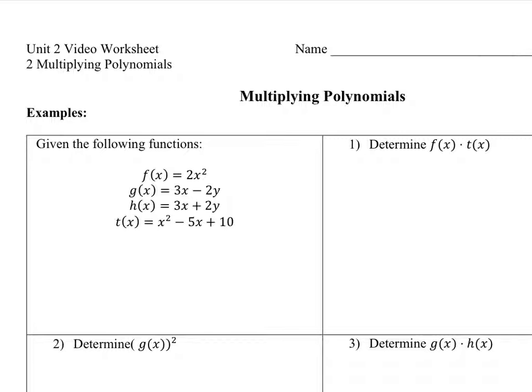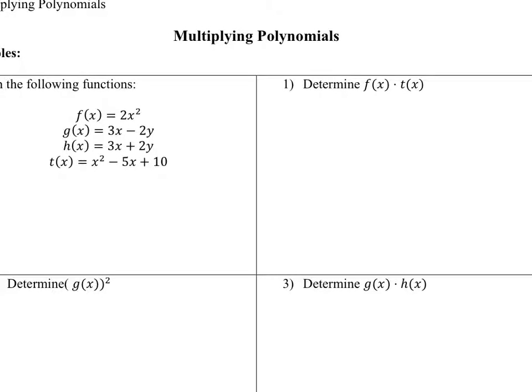Okay, so when they say determine f of x times t of x, you simply multiply the functions together. So f of x is 2x squared. T of x is x squared minus 5x plus 10. And we simply distribute. So we take this 2x squared and multiply it times 1 term, 2 terms, 3 terms.